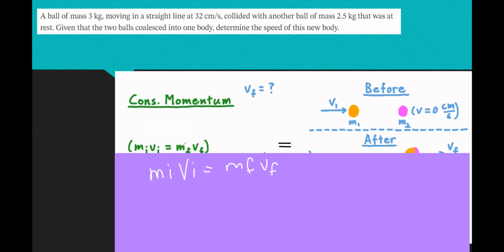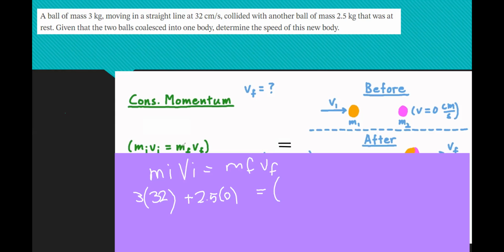We have the first one, which is 3 kilograms, times its velocity, which is 32, plus 2.5 times 0, equals. After momentum, what did we have? We have both of them now. They are sticking with each other. We have a new body, a new ball.